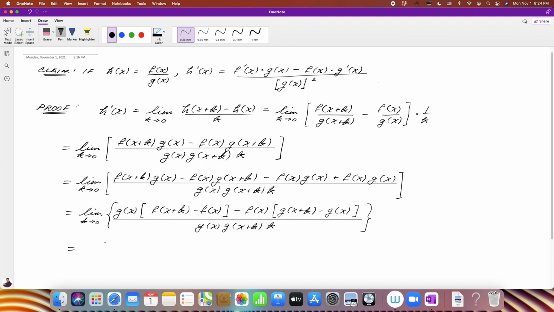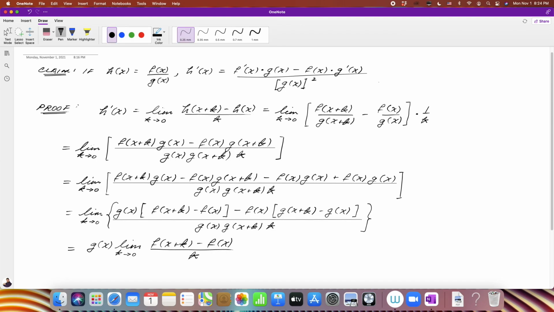We've got g of x, because it doesn't even depend on the limit, actually. There's no k in here. So we've got g of x, and then we've got here now the limit as k trends to 0 of f of x plus k minus f of x, k over k.